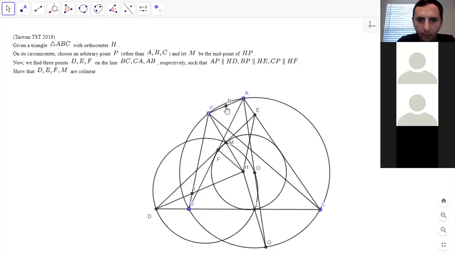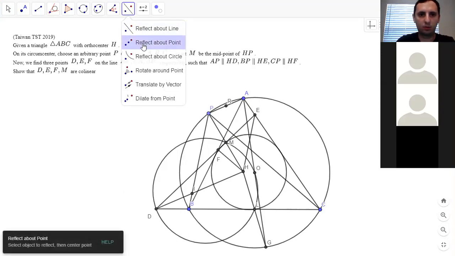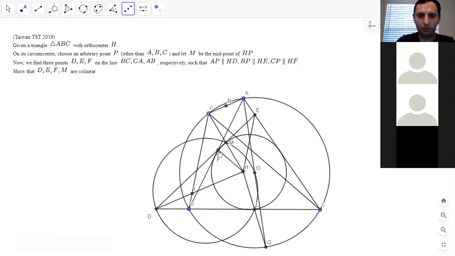We know OR is perpendicular to AP. What if we do this and this?